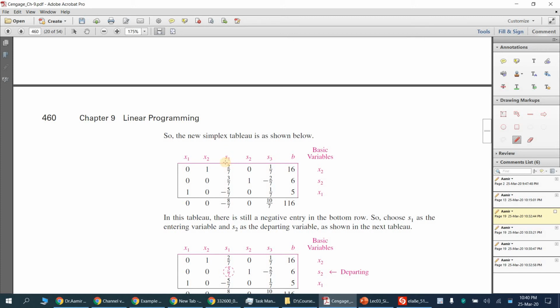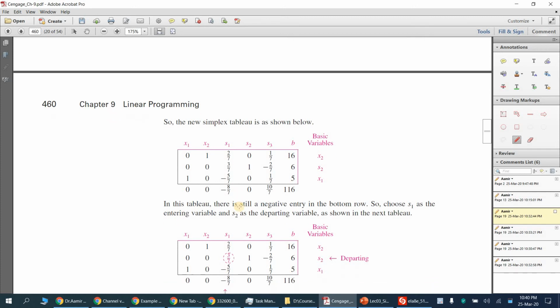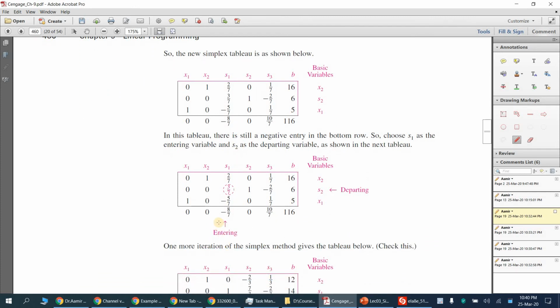Okay, so when you check the non-basic variables, you check the z row. If it is negative, so it is still negative, minus 8 by 7. So you will not stop your iteration. This was your second loop, you will continue. Okay, so s1 is your entering variable.